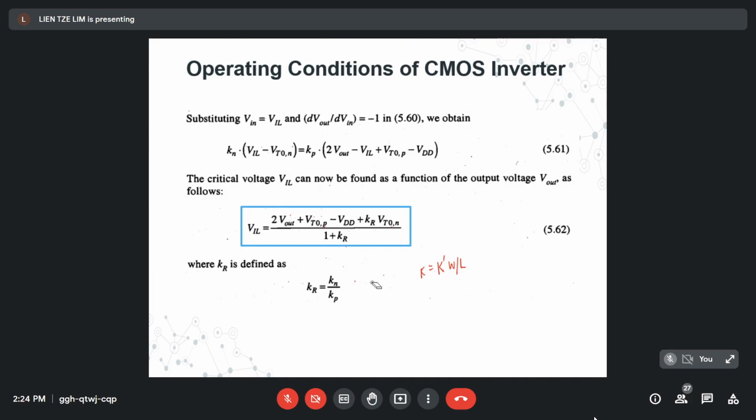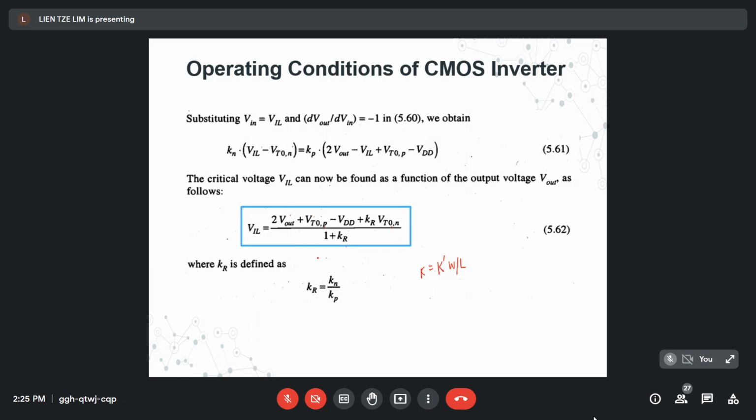I hope you know how to differentiate all the formulas. Several critical voltage formulas have been explained to you. Each inverter has a similar structure but uses different transistors, so the formula varies slightly based on the transistors used.